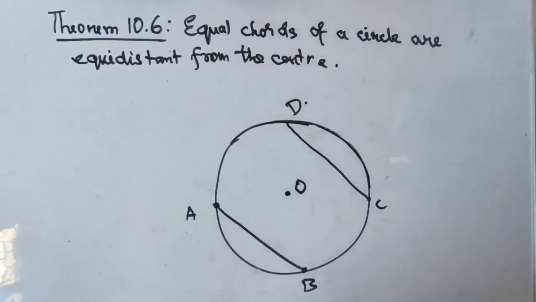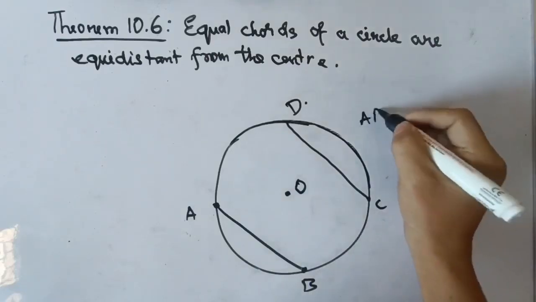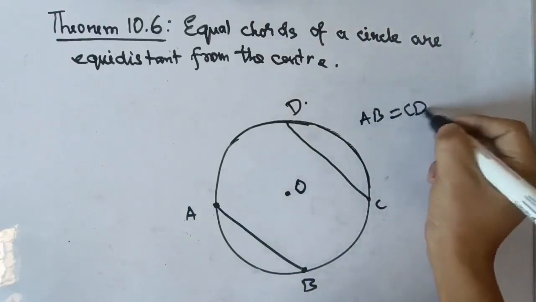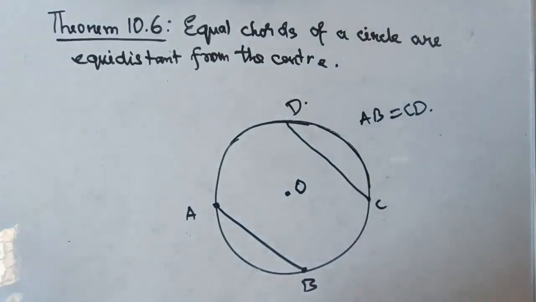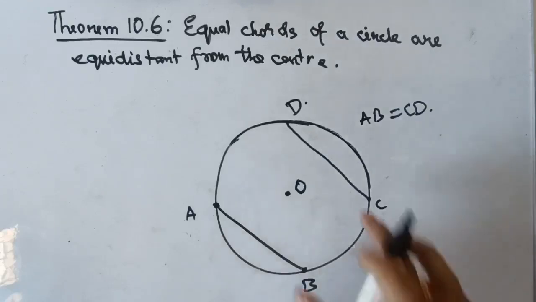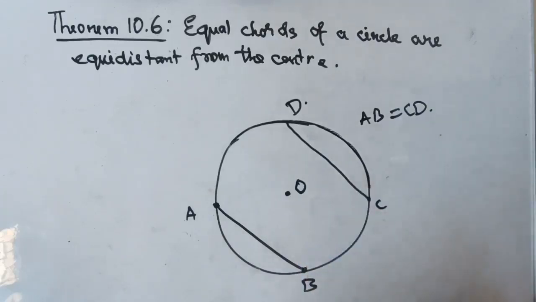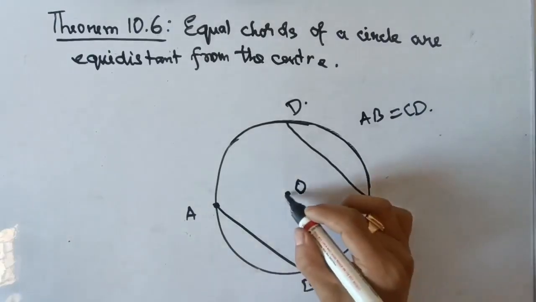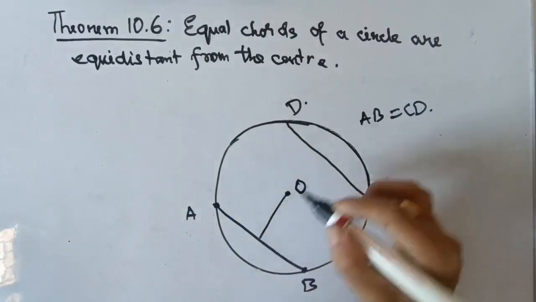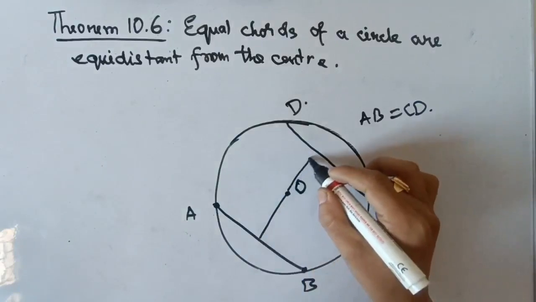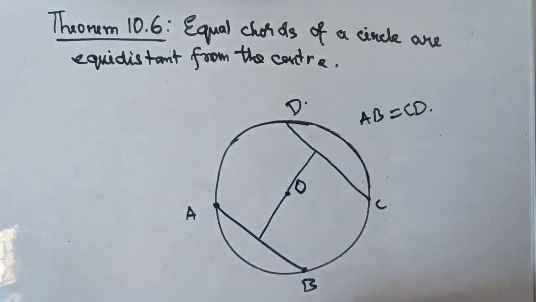So AB is equal to CD. They are equal chords. Then the theorem says both the chords will be equidistant from the center. That is, they will have the same distance from the center.